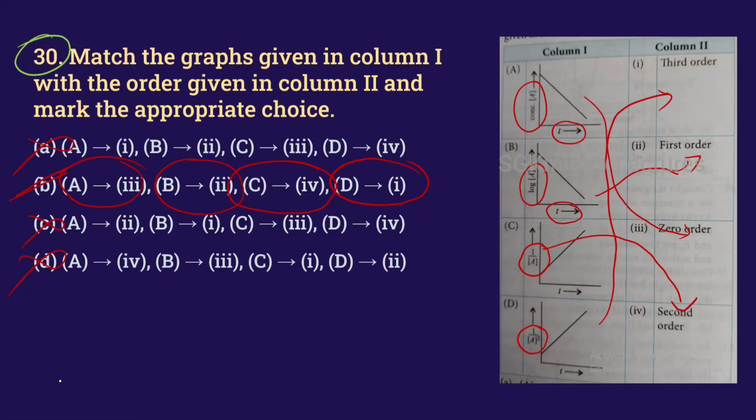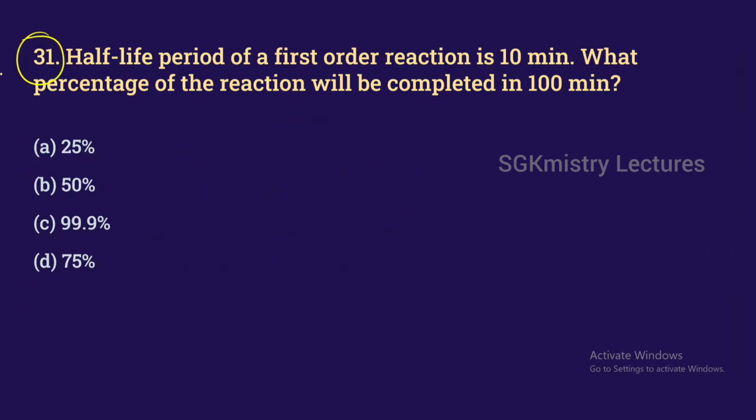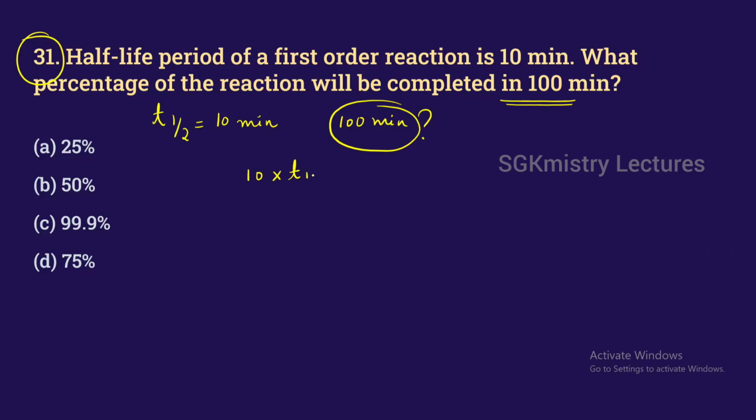Yes. Next, question number 31. The half-life period of a first order reaction is 10 minutes. So t half is 10 minutes. What percentage of the reaction will be completed in 100 minutes? Now this 100 minutes, if you observe carefully, is nothing but 10 into t half.